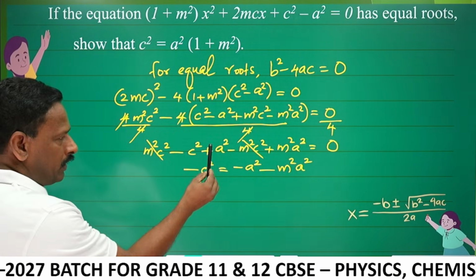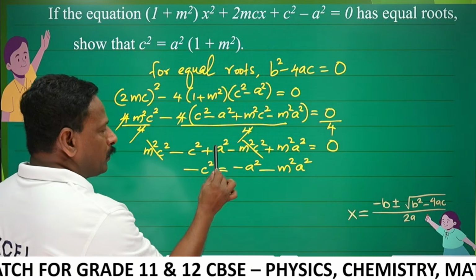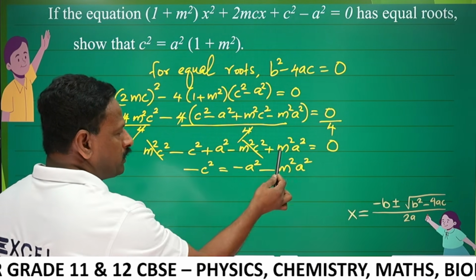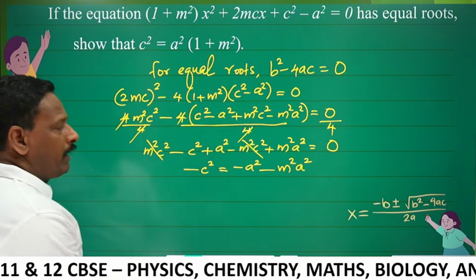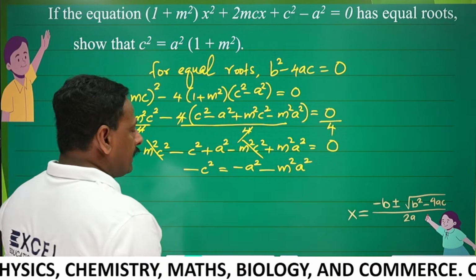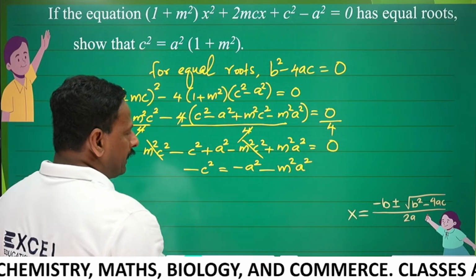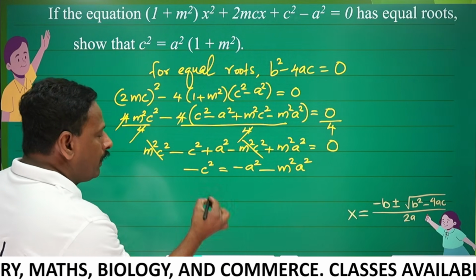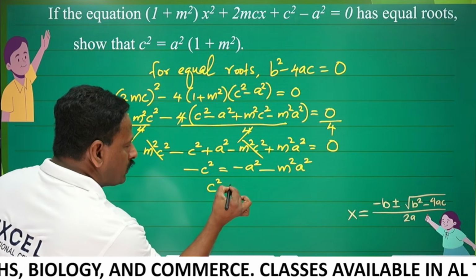So we have transposed these two terms. So we got this positive a square become negative a square. This positive m square a square becomes negative m square a square. So you can see all the terms have negative. So we'll multiply throughout by negative, so that negative will become positive.